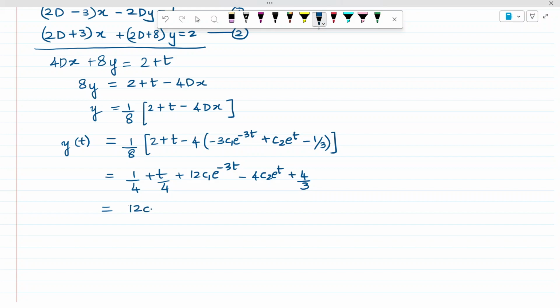So I have 12 c1 e raised to negative 3t, 4 c2 e raised to t over 4, and I have 1 by 4 plus 4 by 3. That's going to give me 3 plus 16, 19 by 12. Okay, so this is your y of t. I hope how to find the answer to the non-autonomous system is also clear with everyone. Any difficulties?